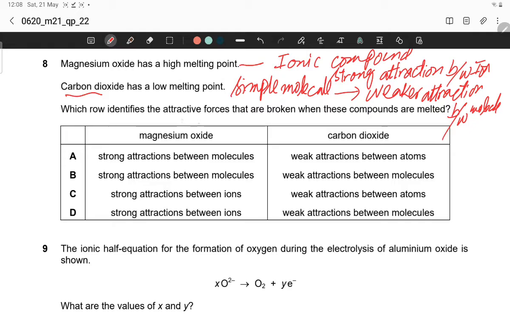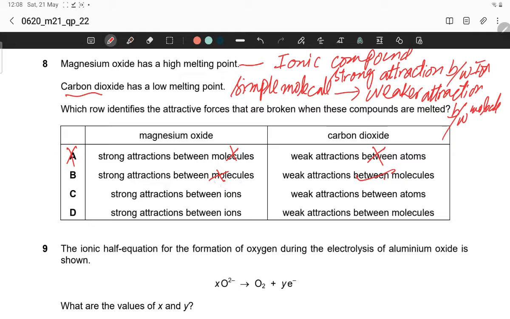Which row identifies the attractive forces that are broken when these compounds are melted? Strong attraction between the molecules, this is incorrect. Weak attraction between the atoms, this is also incorrect. So A option is incorrect. Strong attraction not between the molecules. Magnesium oxide is an ionic compound. Weak attraction between the molecules, this is incorrect.